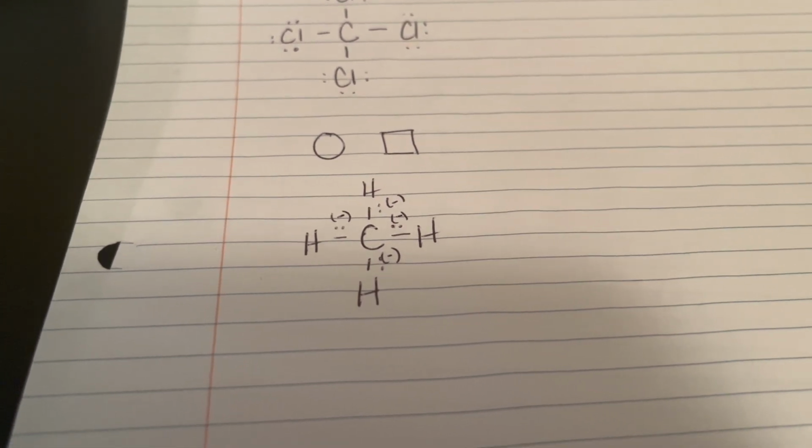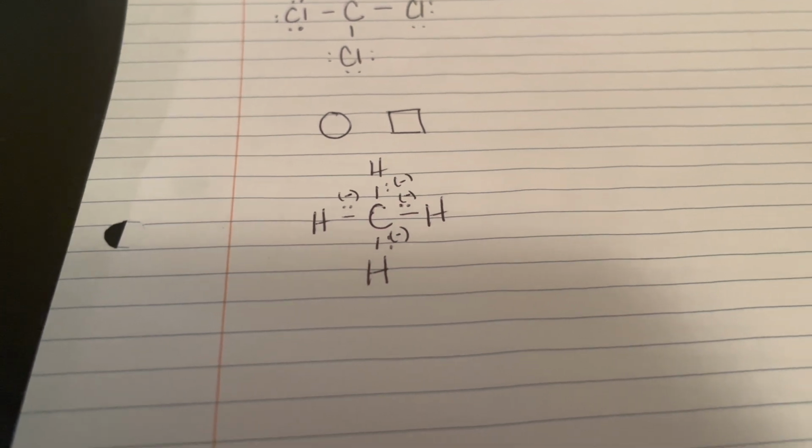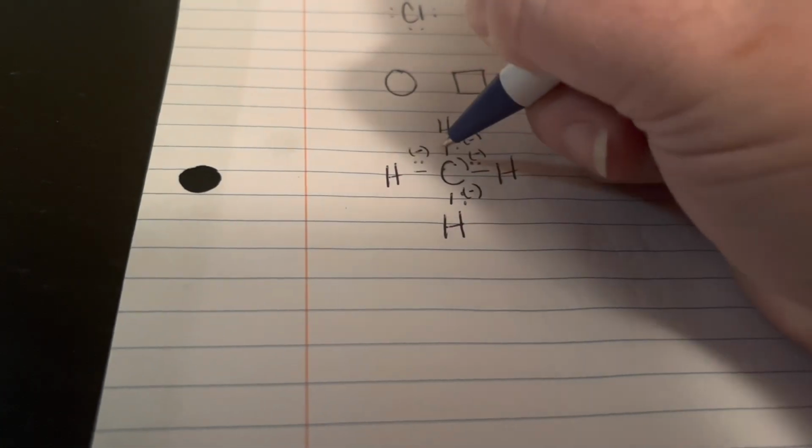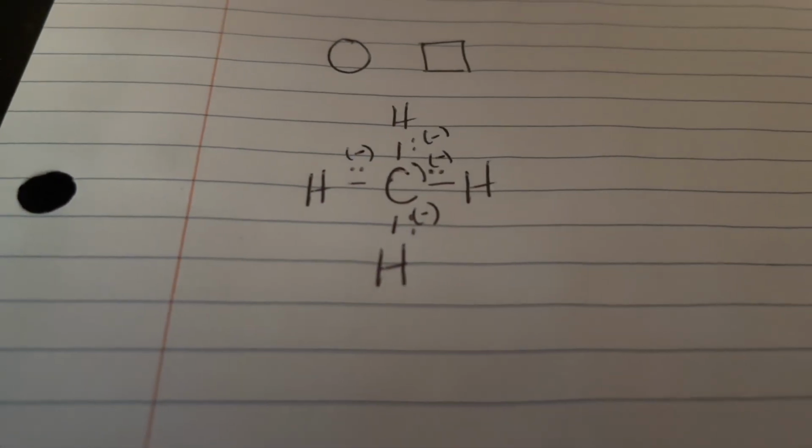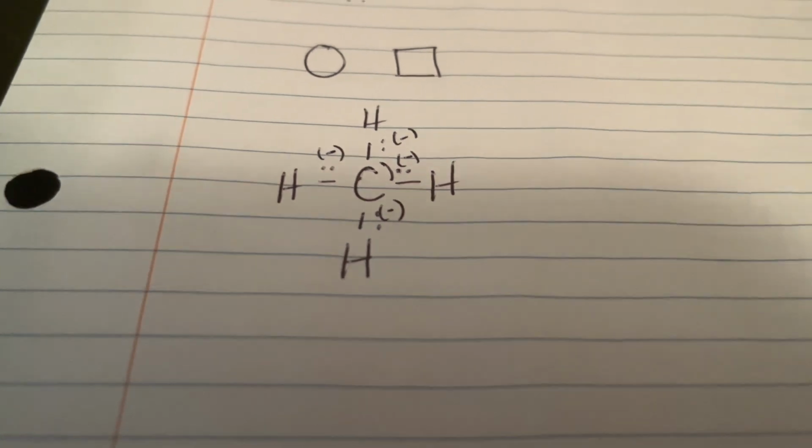So they want to be as far away from each other as possible, which means it's not going to look like this, where there's 90-degree angles in between each one. They want to be further than that. So it's actually going to be a tetrahedral. And let's see if your book, right.